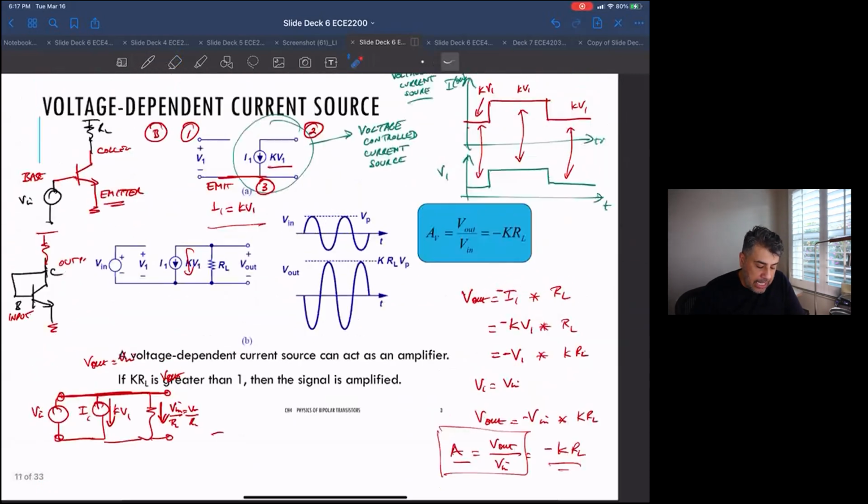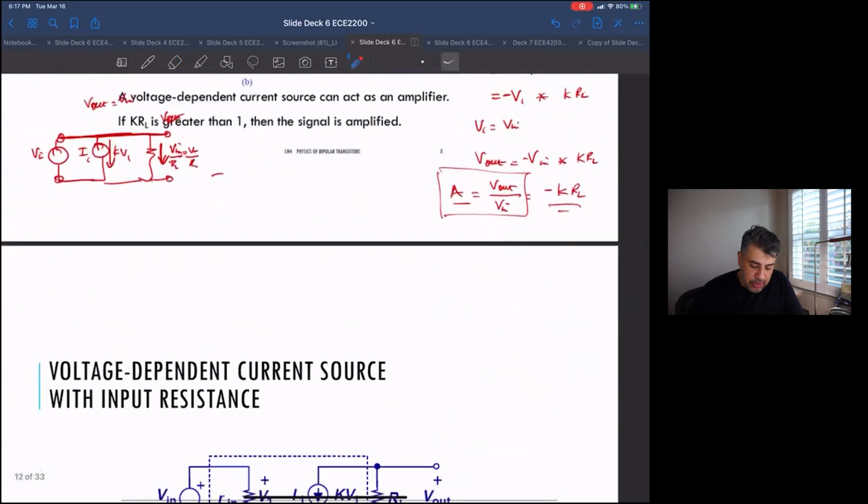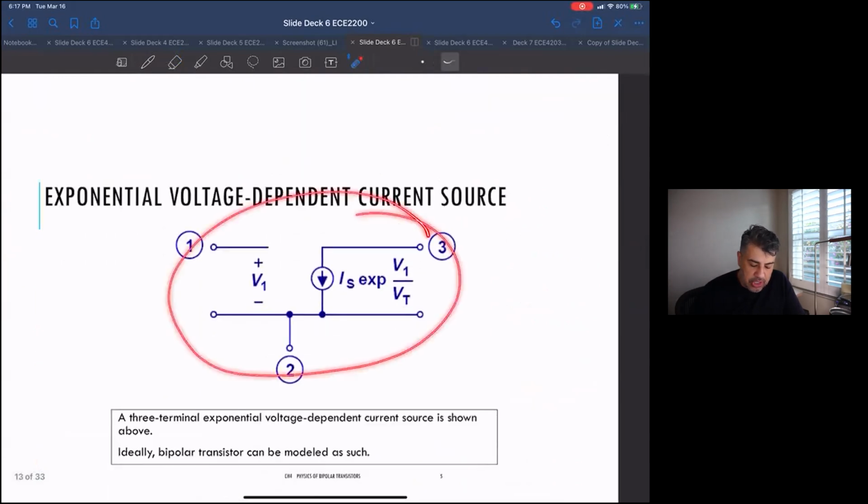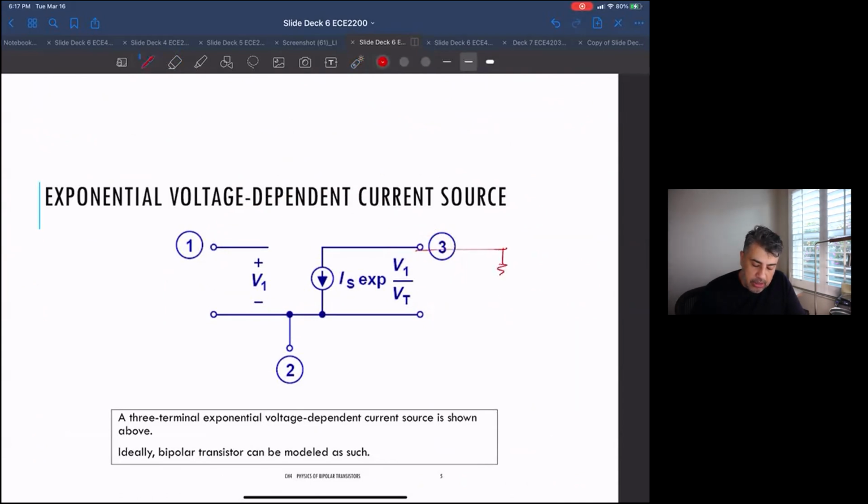But when you want to hook it up as a gain element, as a first thing, you just see this as a reference point, this as an input, and this as an output. And if I put a resistor here, then K would be basically this function.